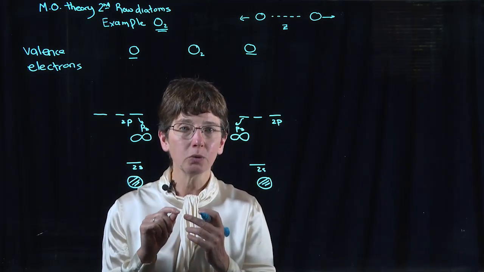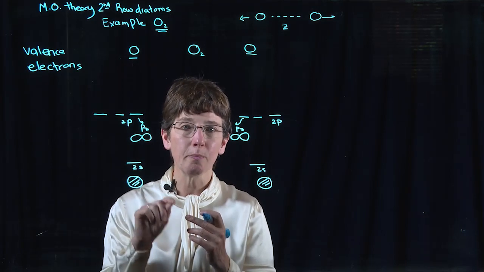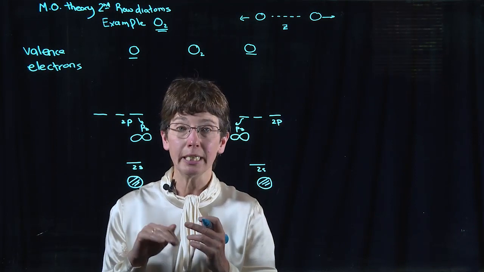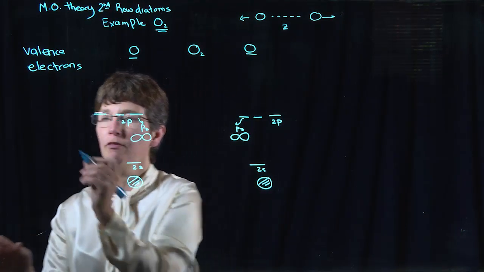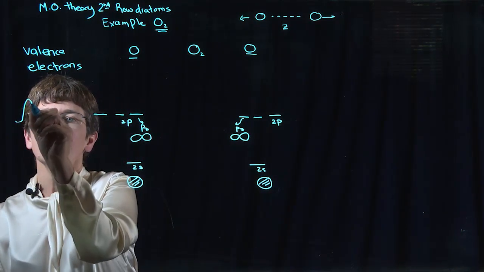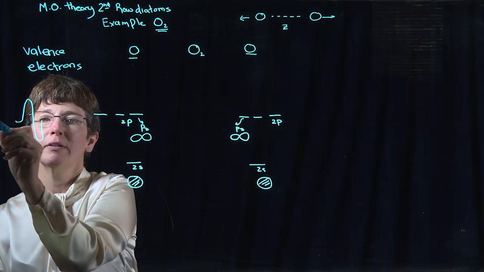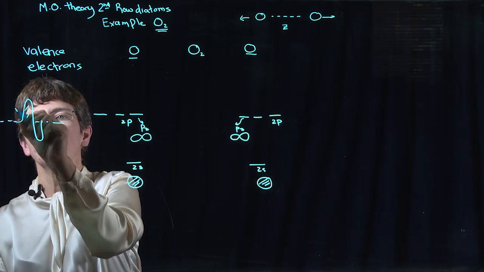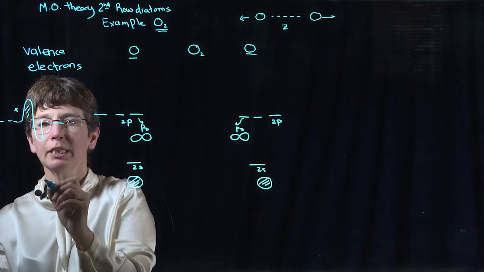And so because we're doing that, we actually have to remember something about the phase of the wave function, which we didn't need in thinking about orbitals. By phase, I mean, if this is a wave, and there's my axis, this would be the plus phase, and this would be the minus phase.